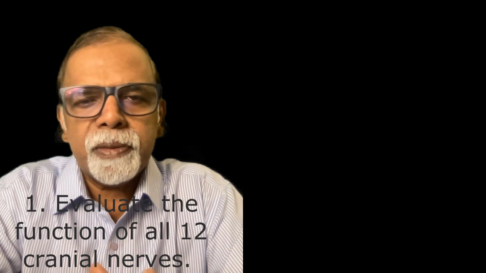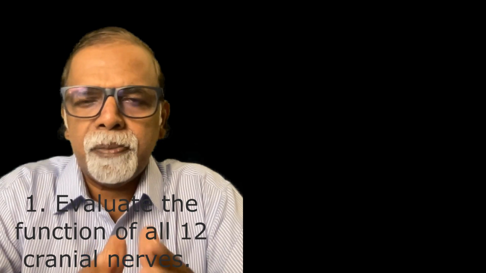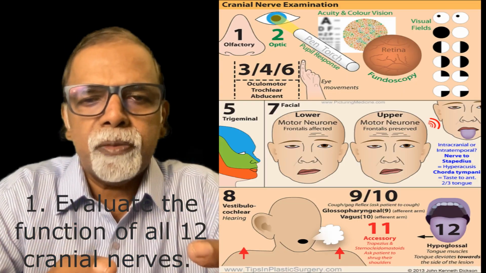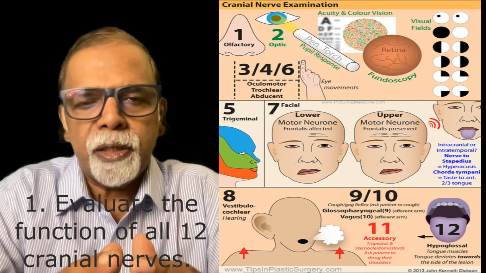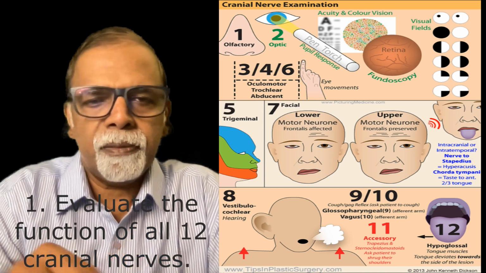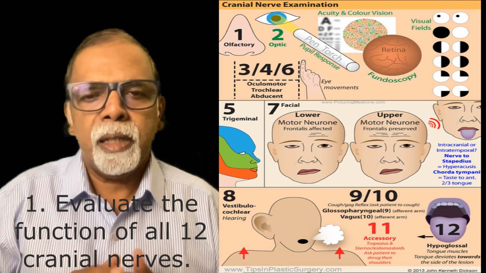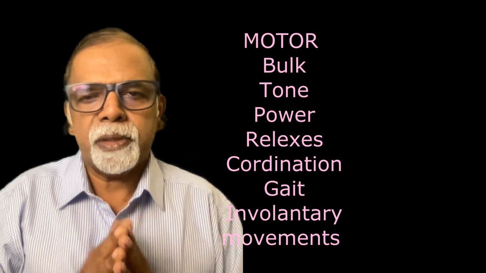Going to the cranial nerves, evaluate the function of the 12 cranial nerves, but specifically look for visual acuity, extraocular movements, facial sensations, movement or deviation of the angle of the face, and the swallowing function. Coming to the motor system examination, you should evaluate the bulk of muscle, tone of muscle, and power of muscle.